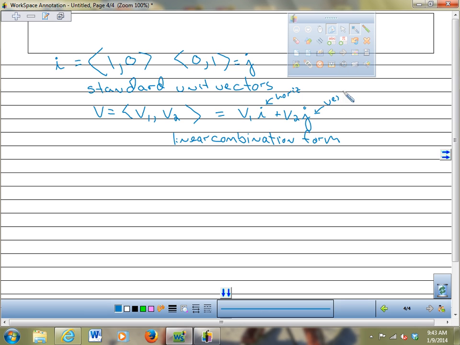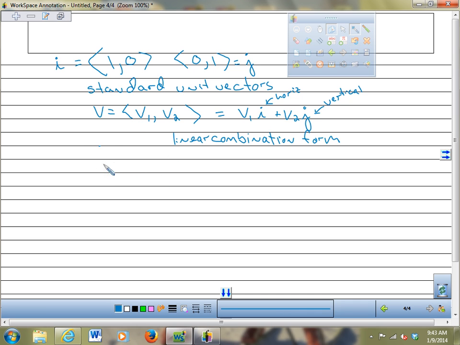And if it's a three-dimensional vector, then going in and out would be the k vector, and you deal with matrices with vectors and it gets pretty tricky. But for now, we're just talking about two-dimensional vectors, and that's called the linear combination.